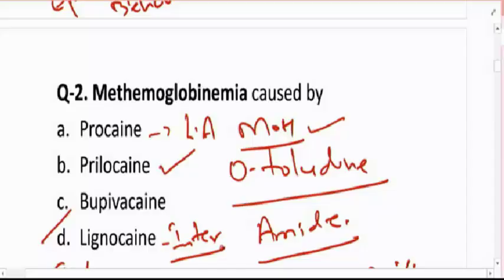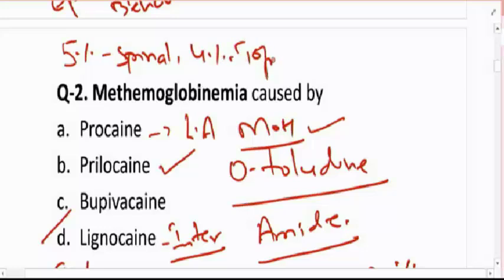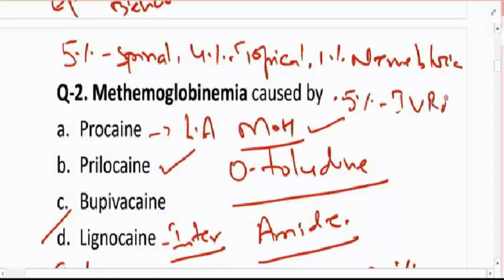Now, concentrations of lignocaine used are 5% heavy for spinal anesthesia, 4% for topical anesthesia, 1% for nerve blocks, and 0.5% for intravenous regional anesthesia.